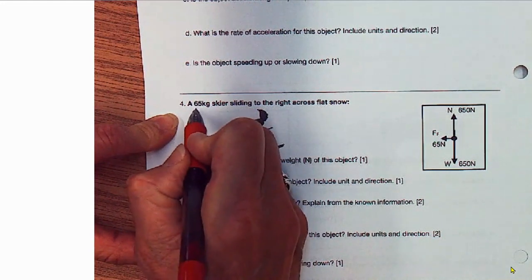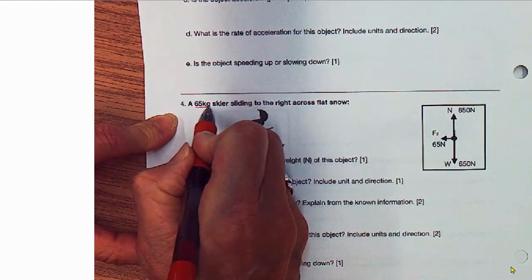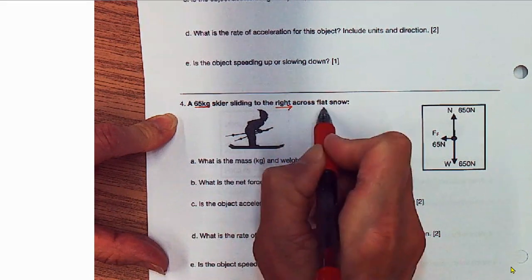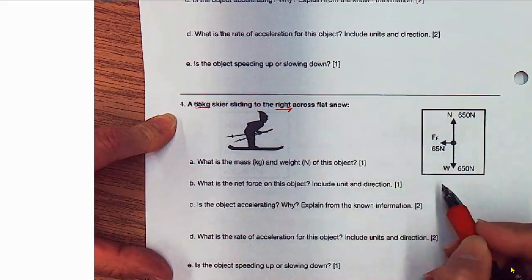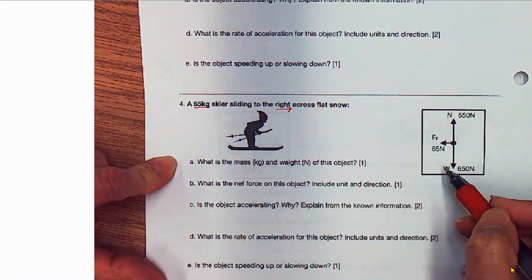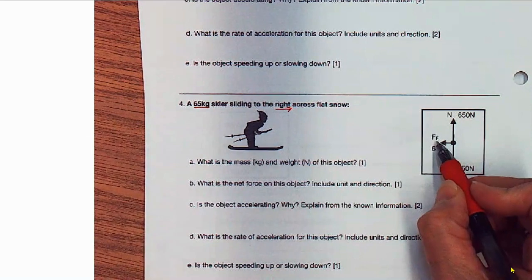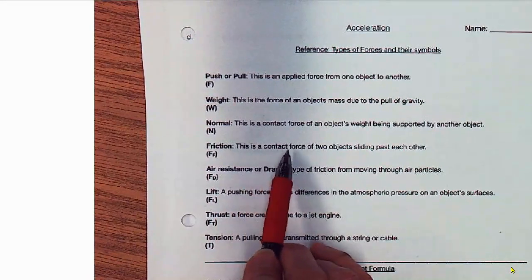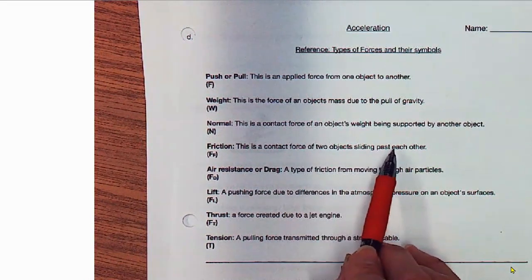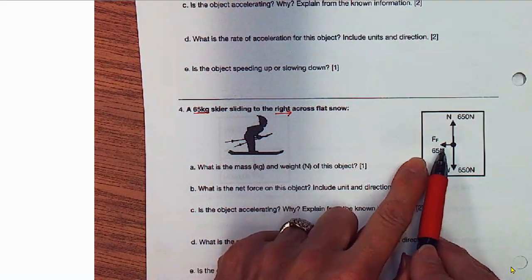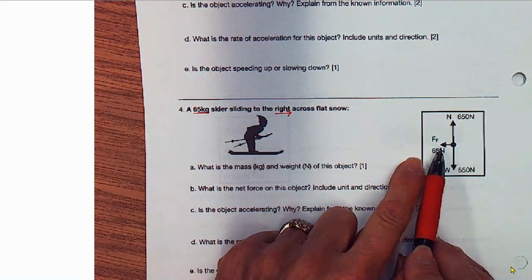So we have a skier that is 65 kilograms sliding to the right across flat snow. Here is the force diagram that shows what's happening. Remember, FF is friction. This is a contact force of two objects sliding past each other. So there is a frictional force pushing back on the skier toward the left.